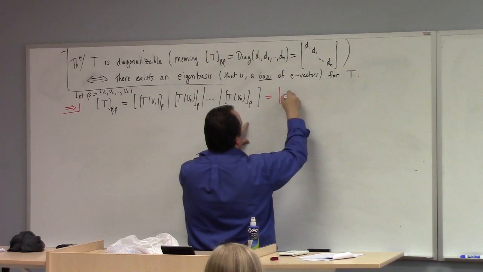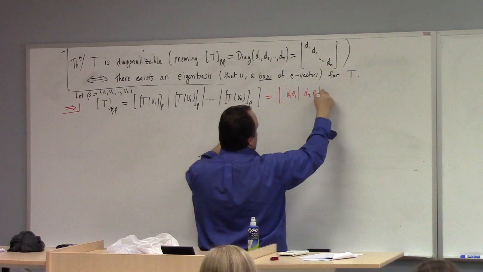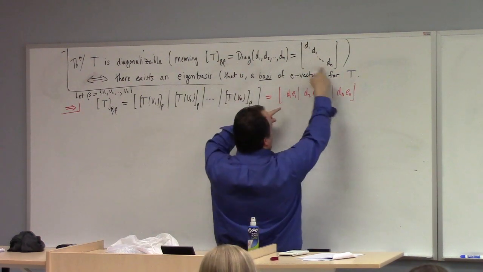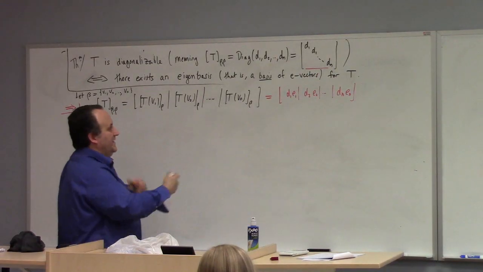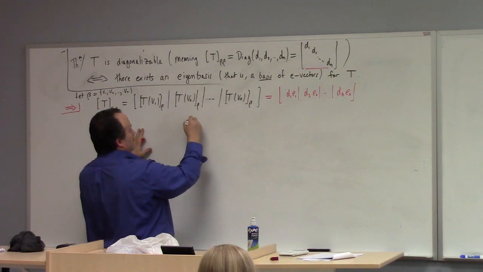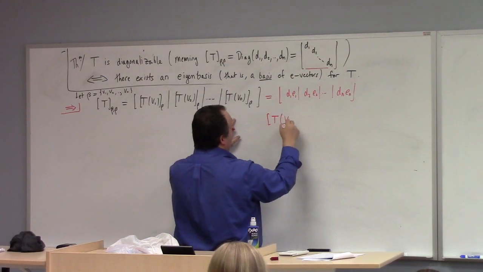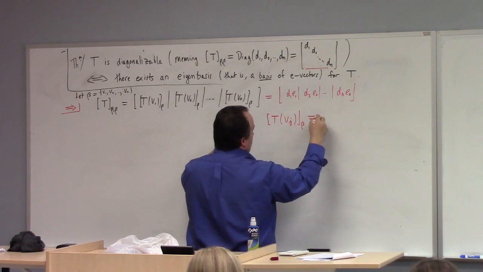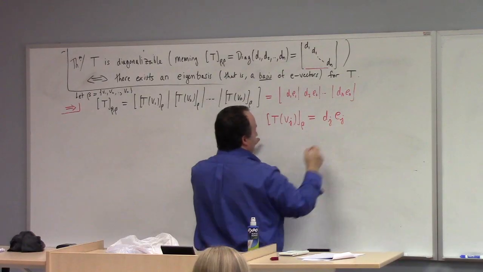It's basically d1 e1, d2 e2, dn en. That's what this is, okay? But what that means then is that the coordinate vector of the jth vector in the basis, with respect to the coordinate system, is equal to dj times ej.